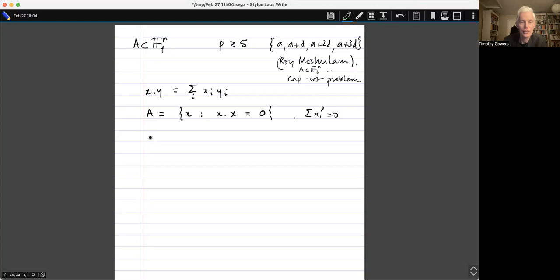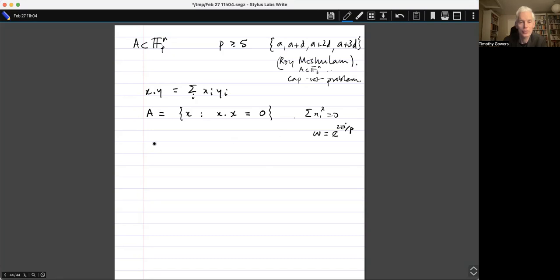Okay, so how does the proof go? Well, we've got to calculate the Fourier coefficients of A. So we've got to look at an expression of the form, I'll let omega equal e to the 2 pi i over p.